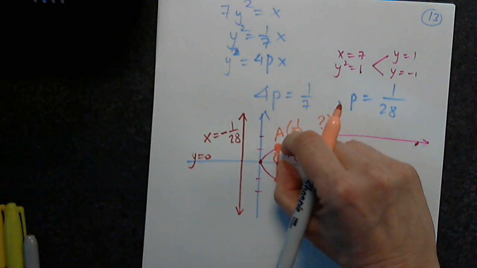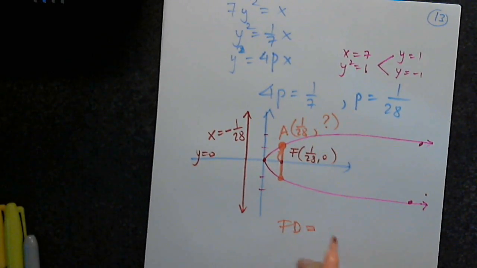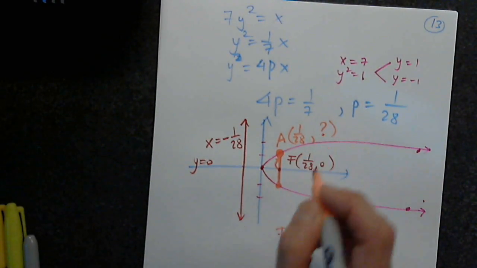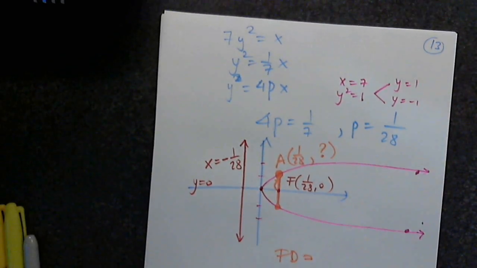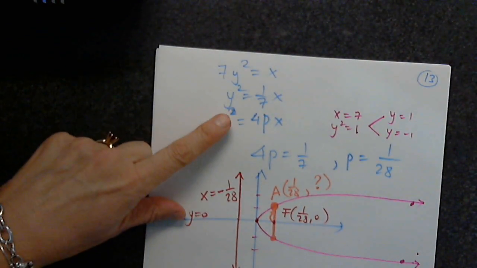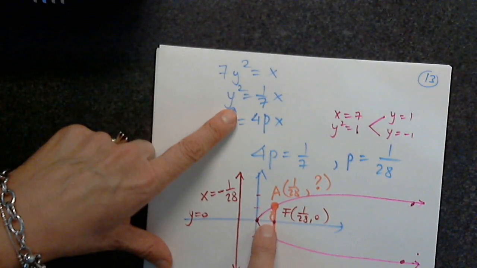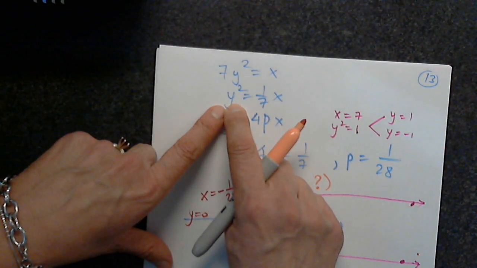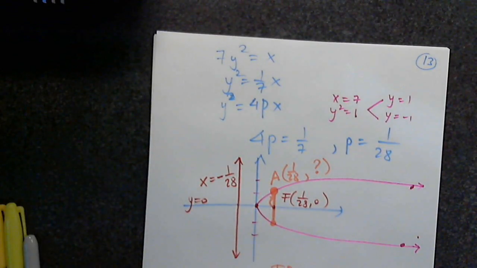Once I have this height, I multiply it by 2, and I have the focal diameter. So in the equation, I have to replace x by 1 over 28. Then I will determine y, and the answer gets multiplied by 2. Then that will be the length of the focal diameter.